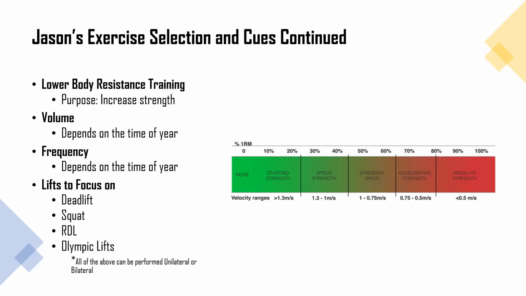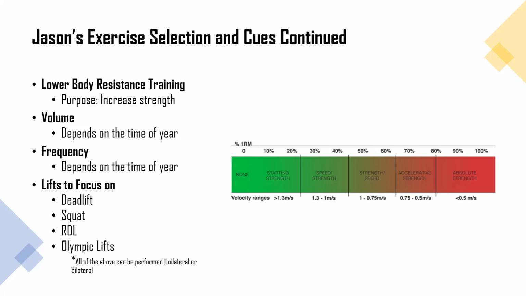All these lifts will help strengthen Jason's lower body and can be done using the Tendo Power Analyzer, which will be beneficial later on. Another benefit of these lifts is that they can be done unilateral and bilateral, and this is very important within basketball because oftentimes we have unilateral explosive movements such as going up to the net for a layup on the right side of the body, and you need to be able to be explosive just on that one side.